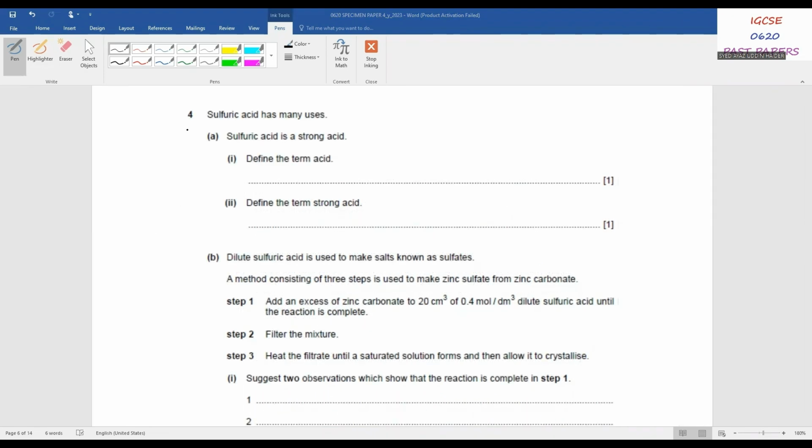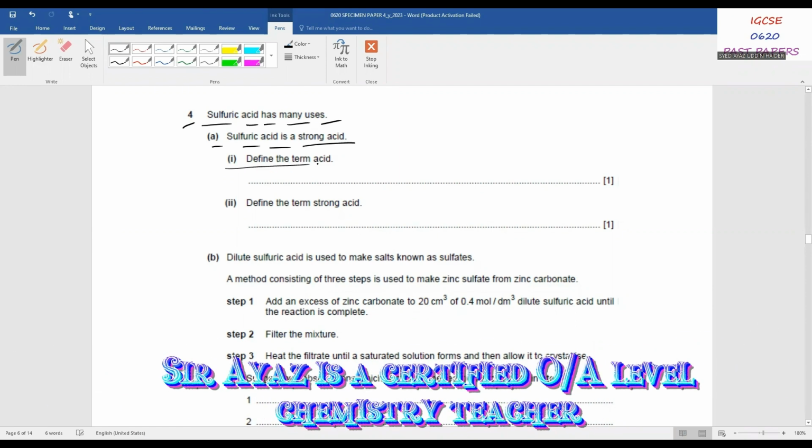Question number 4. Question is, sulfuric acid has many uses. Sulfuric acid is a strong acid. Define the term acid. Or you have to define in terms of proton. Acids are proton donors. So you write proton donor. Number 2, define the term strong acid.